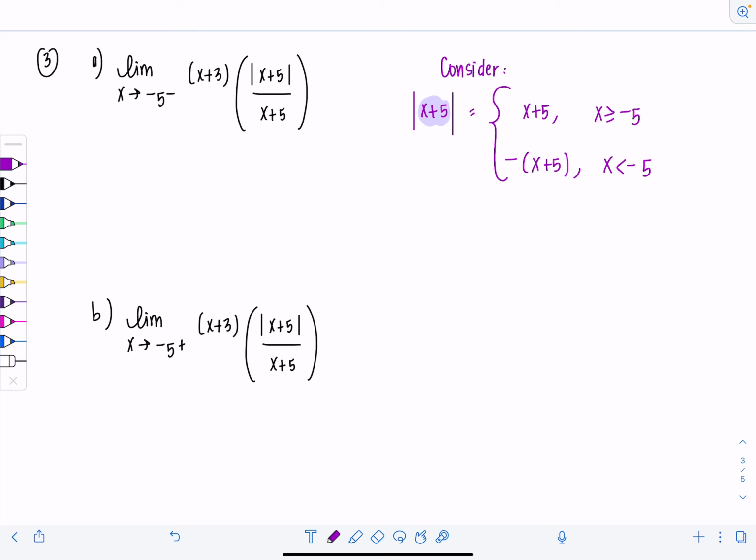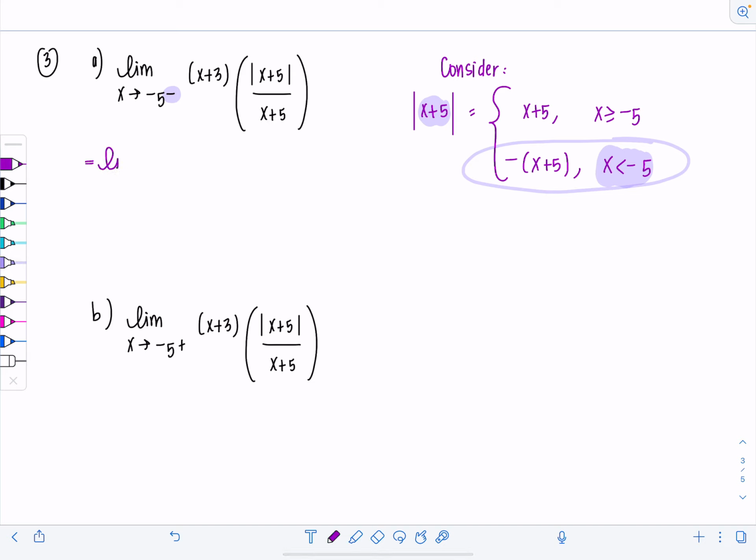Good. All right, so now let's see. For part A, we're looking at the limit as x approaches -5 from the left. So from the left, that means I'm working with this portion of my piecewise function because we're coming from the left side or values that are smaller than -5.